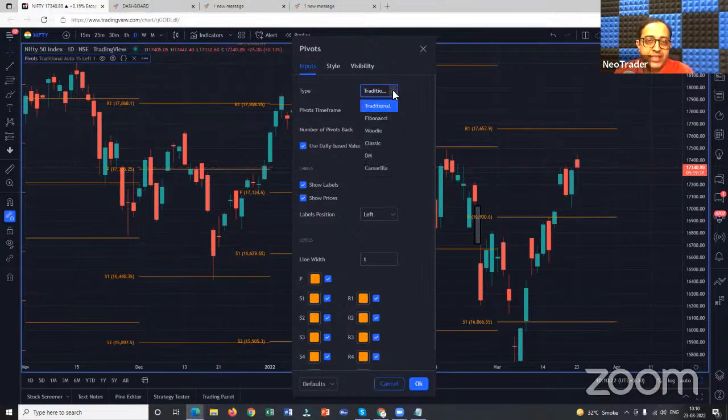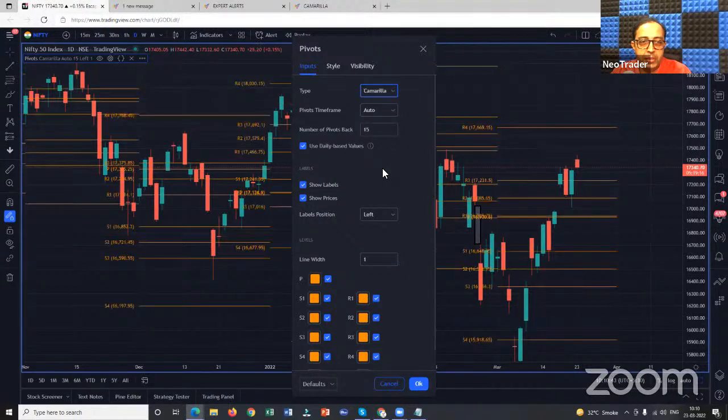Pivot value is always the same. Pivot value is high plus low plus close upon 3. The thing is that when you are calculating the formula, which is resistance 1, resistance 2, resistance 3, or support 1, support 2, support 3, that is where the whole game changes. And for that, there are various types of formula, and I am going to select Camarilla pivot here.